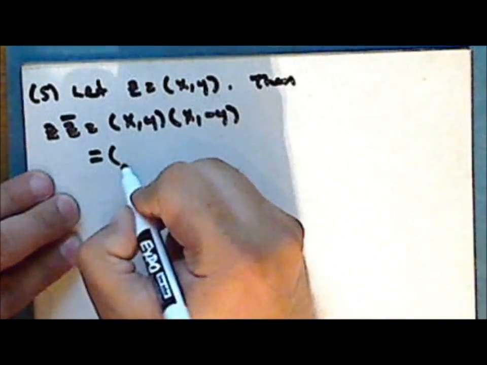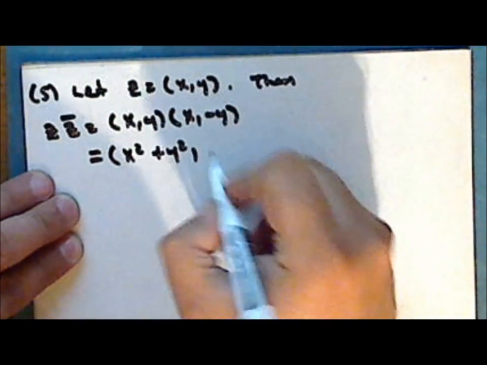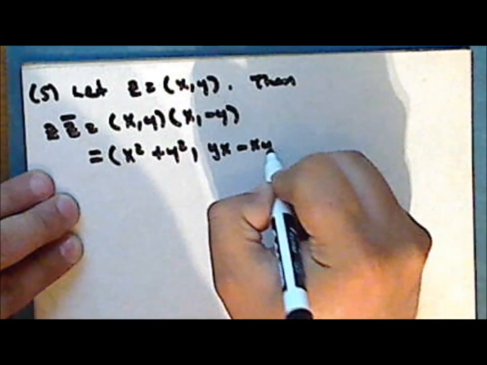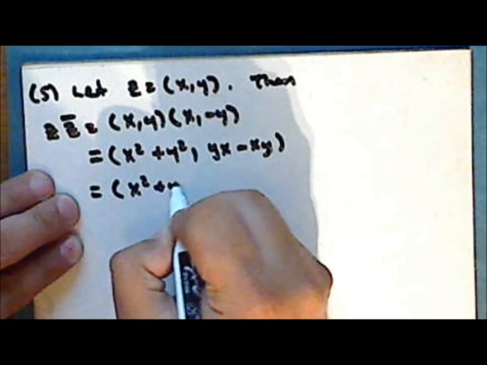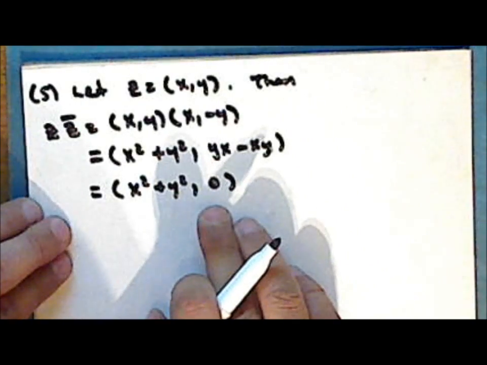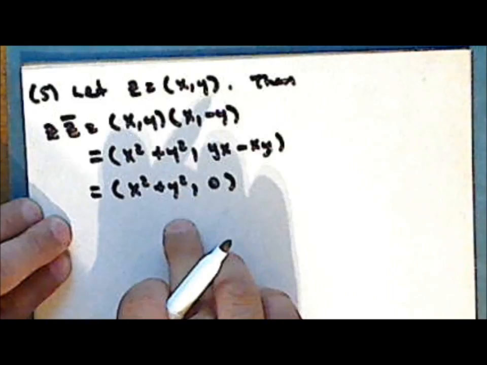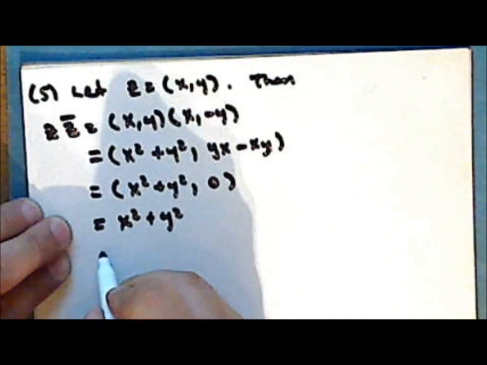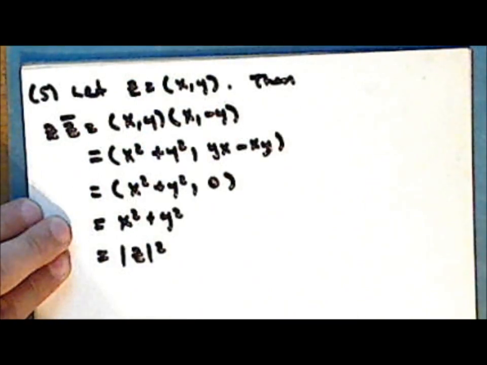This is the ordered pair (x squared plus y squared, yx minus xy), which is the ordered pair (x squared plus y squared, 0). And so this ordered pair has as its imaginary part the number 0, so it is a real number. So this is the real number x squared plus y squared. And this is the square of the modulus of z.